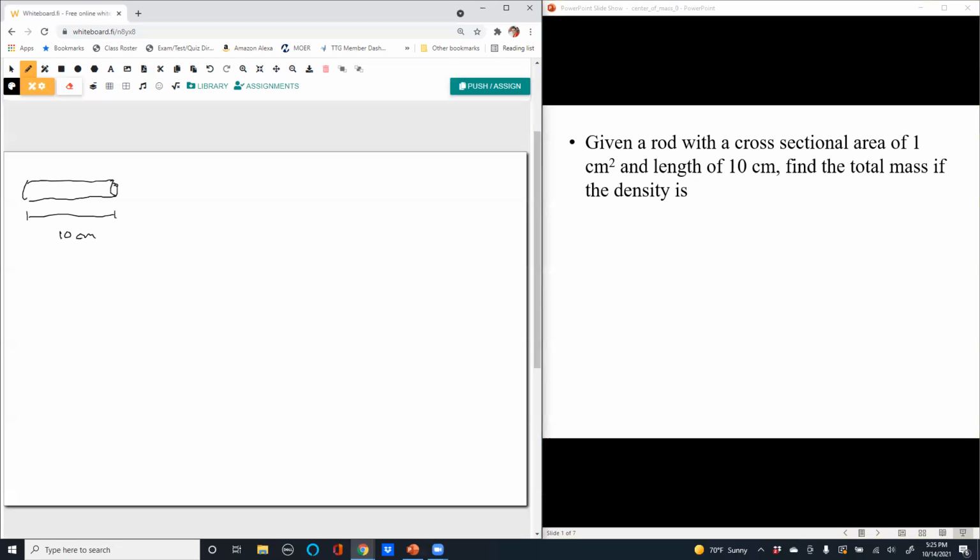Cross-sectional area, so that would be the area of the circular end, is 1 square centimeter. All right. So the total volume of this cylinder is just 10 times 1, or 10 cubic centimeters.